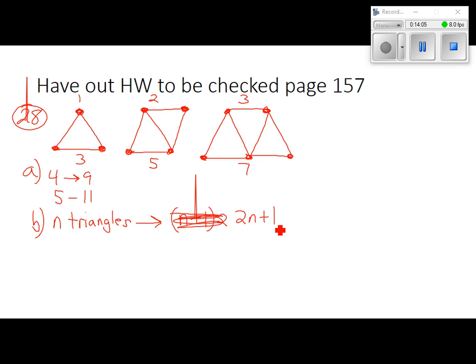So if we had 50 triangles, could we figure out how many segments there are without trying to draw it? Yeah, because that'd be sort of hard to draw, wouldn't it? So we just plug in 50 right there, which is 2 times 50, 100. 100 plus 1, 101. So there'd be 101 segments.